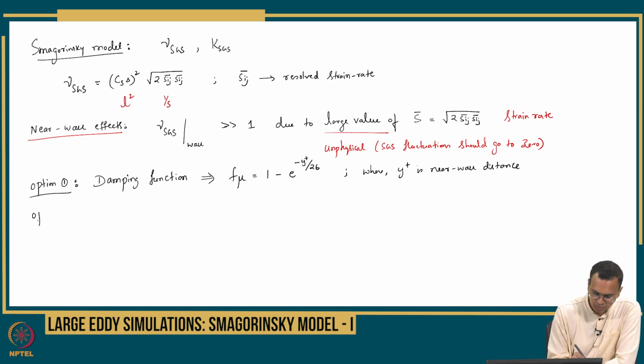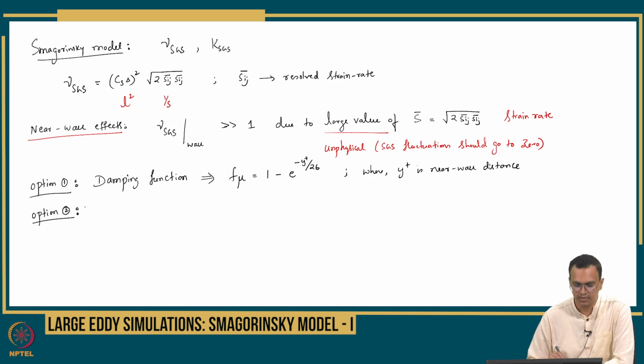Another option is to have a limiter on the length scale, right? So for the delta, we can put a limiter on it so that nu SGS reduces. For example, let's say the near wall mesh is like this.